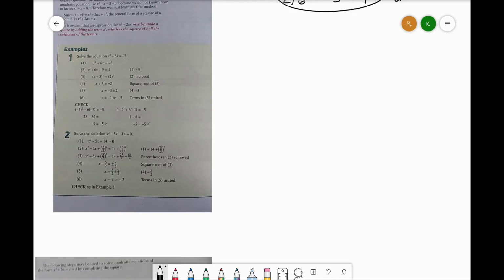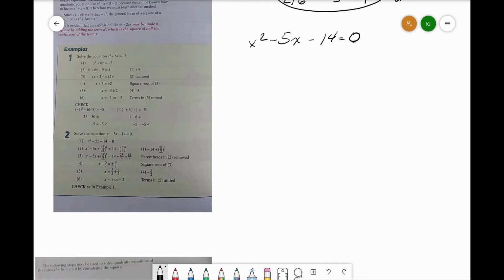So we'll erase our problems here. If we have x squared minus 5x minus 14 equals 0, this one has kind of already done it for us by giving us 14. However, we need something to solve it by. So we're going to take 5 and divide it by 2.